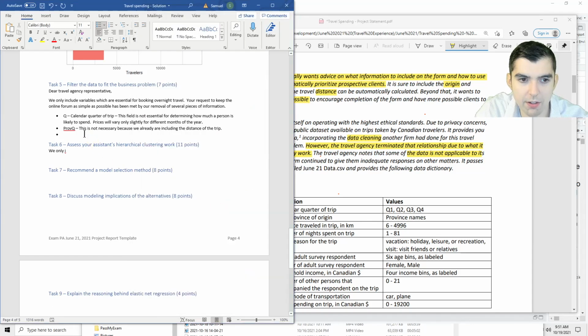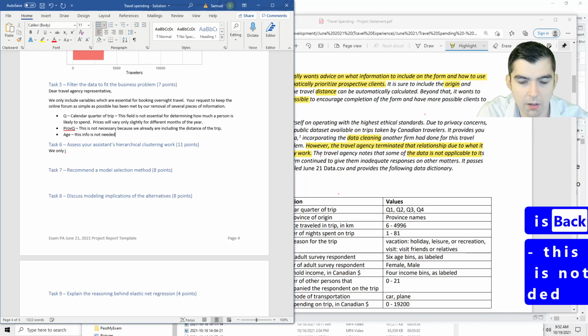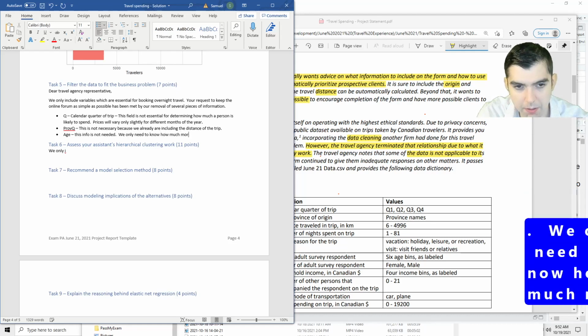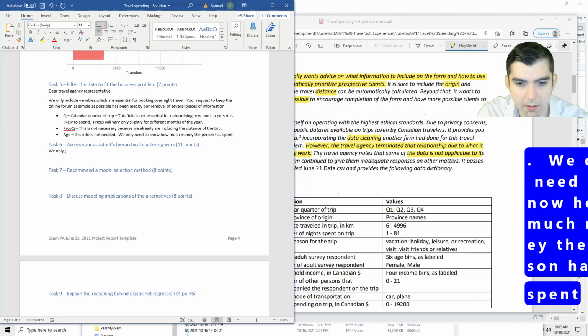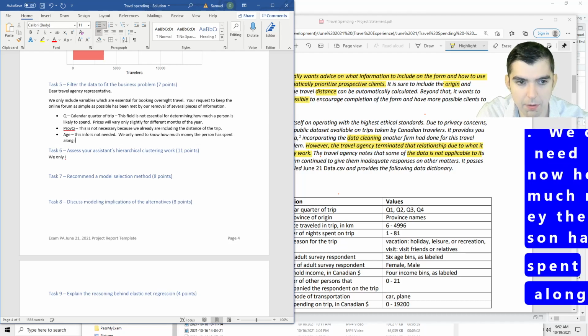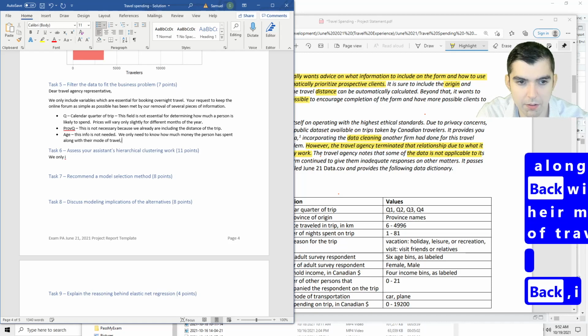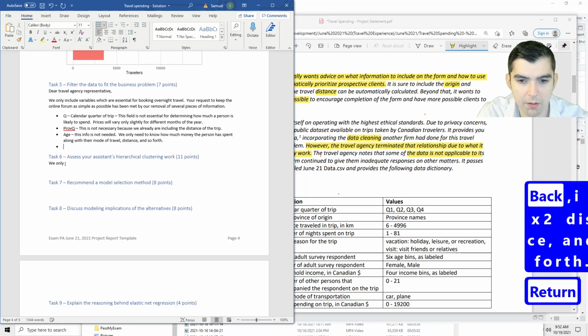Age is not needed. We only need to know how much money the person has spent along with their mode of travel, distance. Gender, we also don't need to know gender.